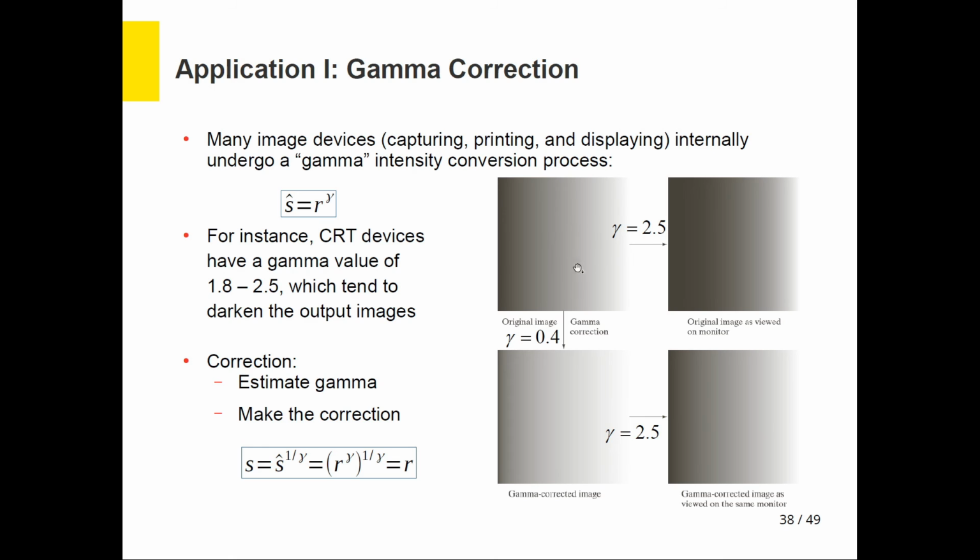So if you have this image and you want to show it on a CRT, this is what you actually see. The dark areas are much darker than what you intend. So what is usually common is that you apply a reverse gamma transformation to your image, and then when you combine it with the internal gamma correction that is done on the monitor itself, now you have an image that looks more like what you intend to show.